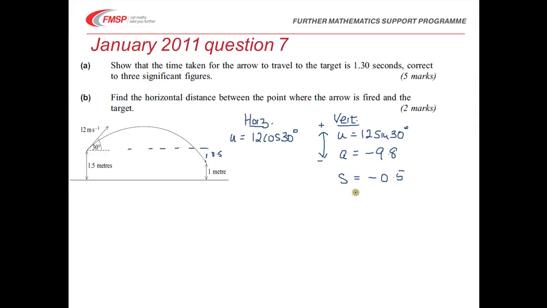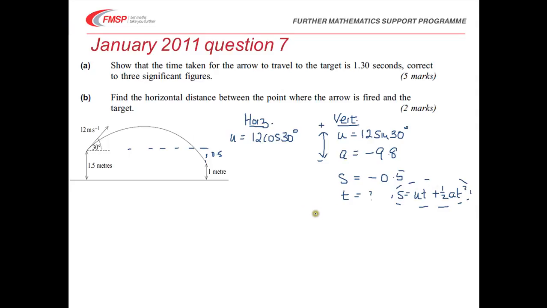What we're asked to do is to show that the time is 1.30, correct to 3 significant figures. So we're finding the time, and we're going to use s equals ut plus a half at squared. That's the formula that connects the information we're given.